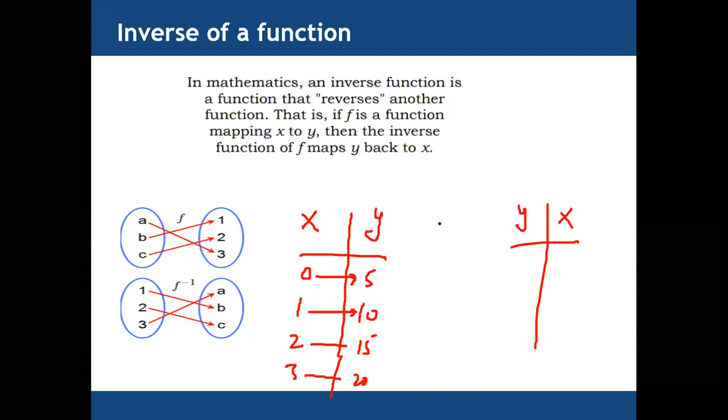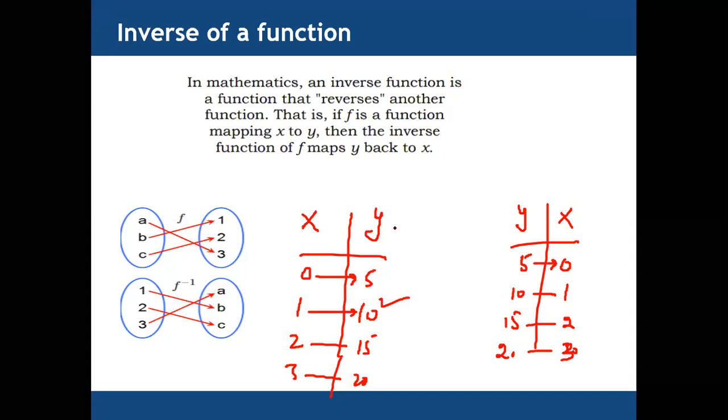Now for the next function, when you give y is equal to 5, x will be 0. If you give y is equal to 10, what will be the x value? 1. Same, if you give 15, this will give you 2. When you give 20, this will give you 3.